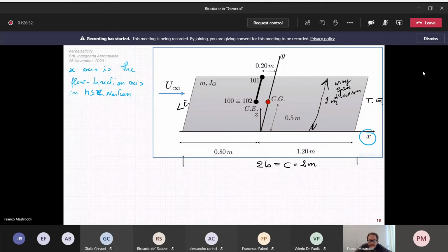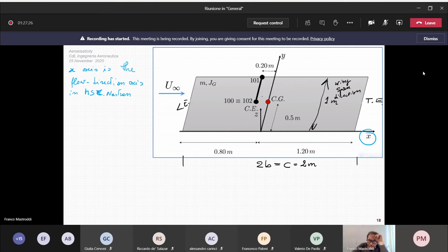Look at this board line here, 101 and 102, and this 101, 102, and this 100 are finite element node locations in the initial configuration. So we have only 3 finite element nodes for describing this concentrated parameter model.